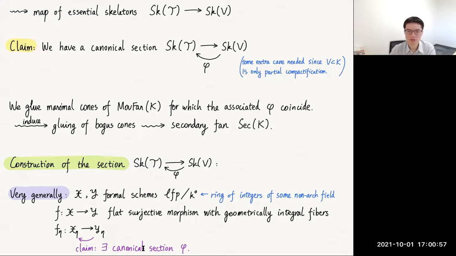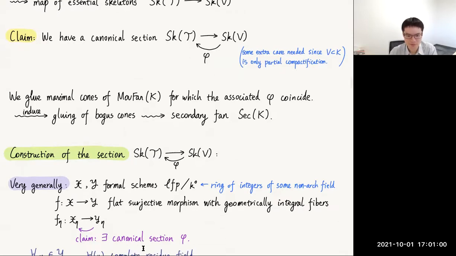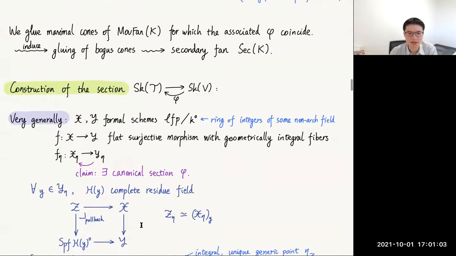So what do we do? We have our flat surjective morphism from X to Y, and I want to construct a section of f eta. For any small y in the generic fiber of Y, we just want to specify where it goes in X eta.